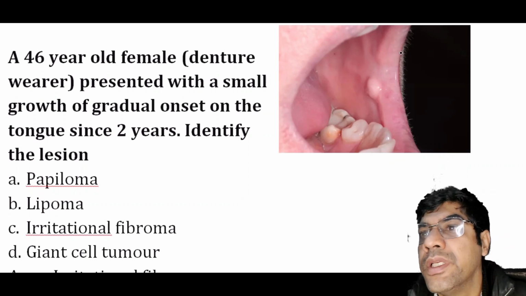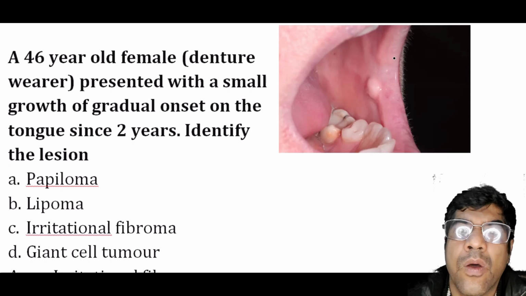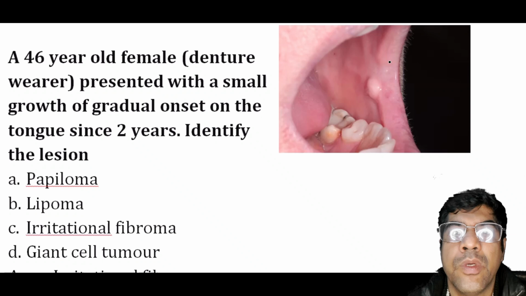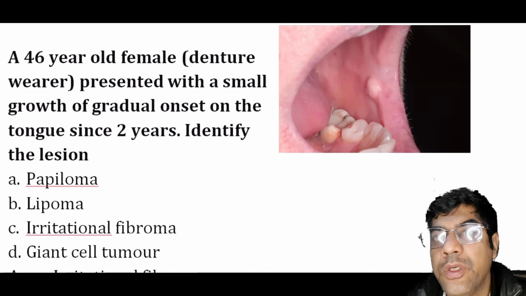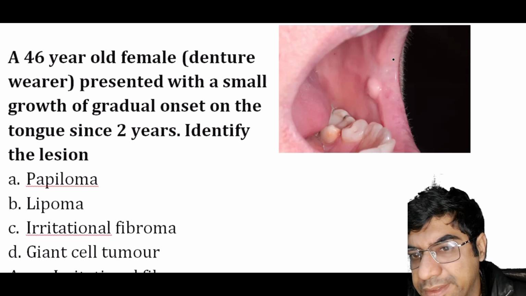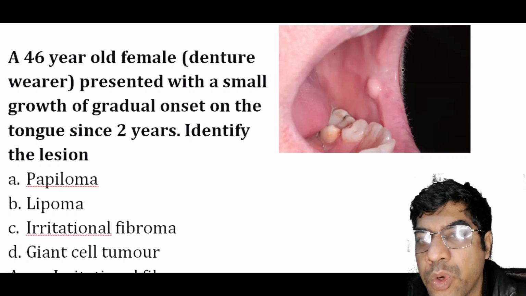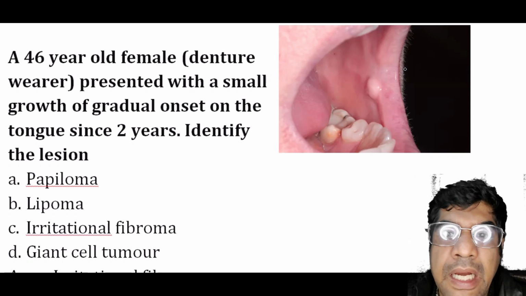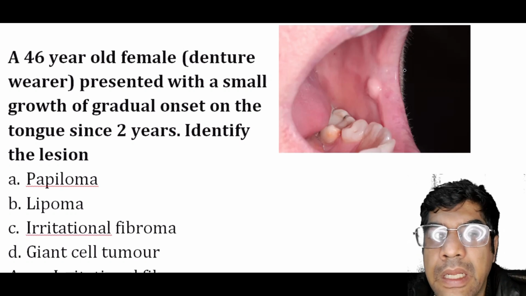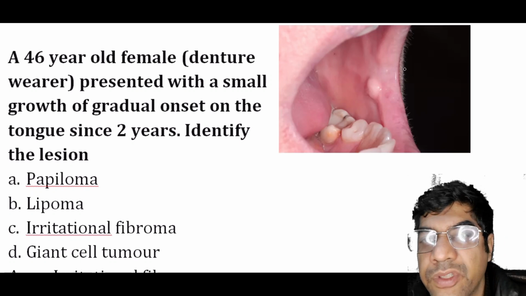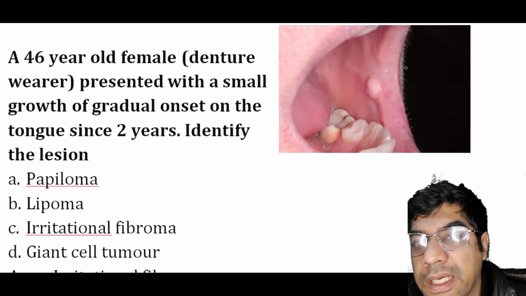Coming to the next question, a 46-year-old female denture wearer presented with a small growth of gradual onset on the tongue since 2 years. Identify the lesion. Well, it's irritational fibroma. Irritational fibroma is described as the healed end product of an inflammatory hyperplastic lesion. It can occur at any age and in various soft tissue sites, such as the tongue, gingiva and buccal mucosa.